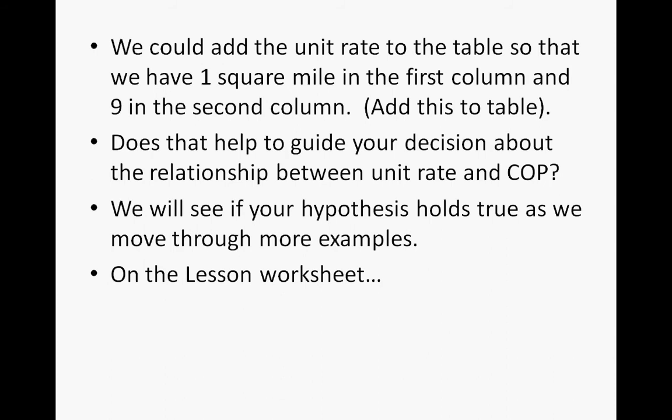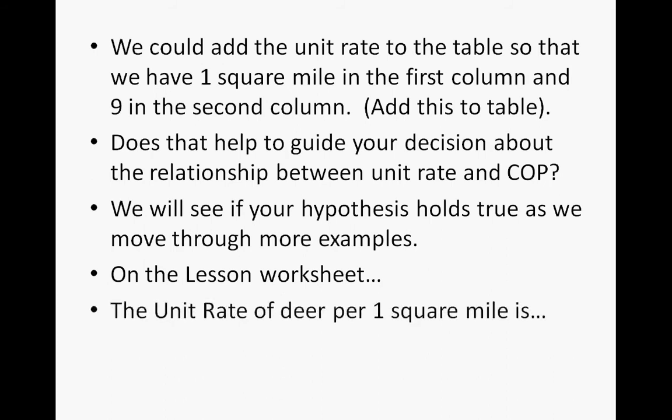So, on your lesson worksheet, let's go back to that. The unit rate of deer per square mile is 9. The constant of proportionality is k equals 9. Because again, we did our y, which is the number of deer, divided by our x, which is the number of square miles, and that gives us our constant, which is 9.